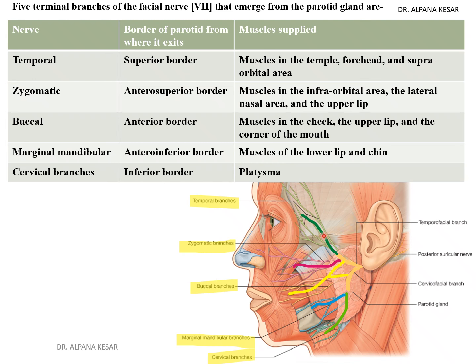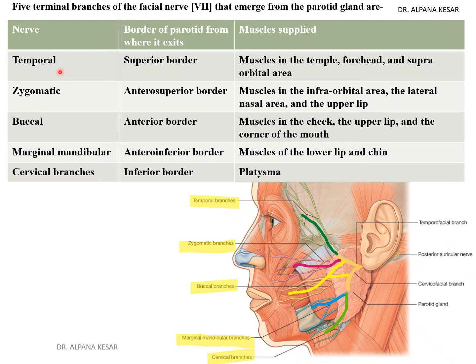The temporal branch exits from its superior border. Zygomatic, buccal, and marginal mandibular branches exit the parotid gland from its anterior border, and the cervical branch exits close to the apex.